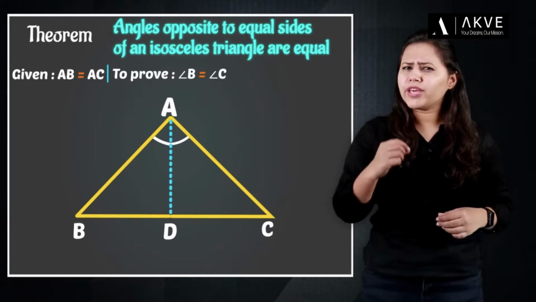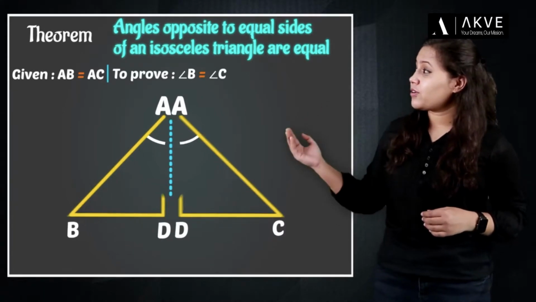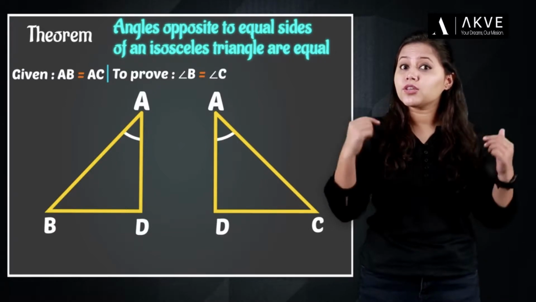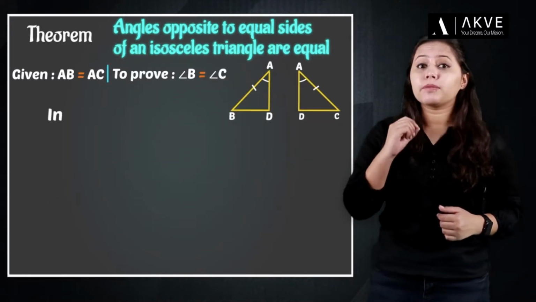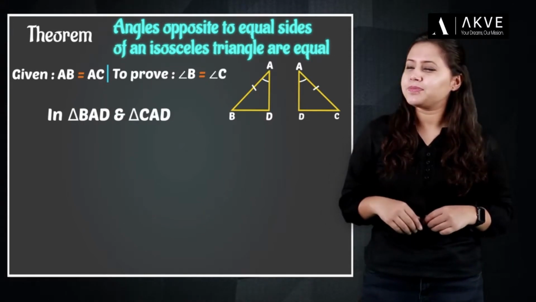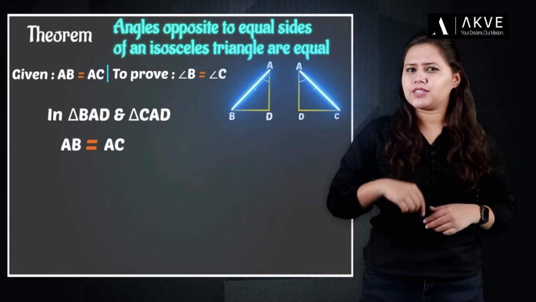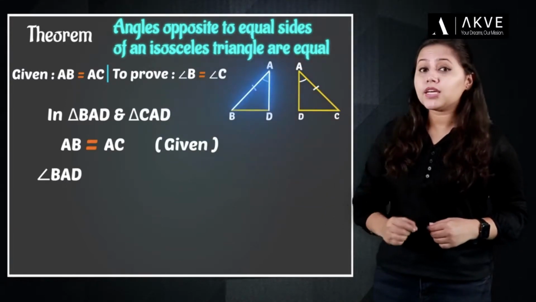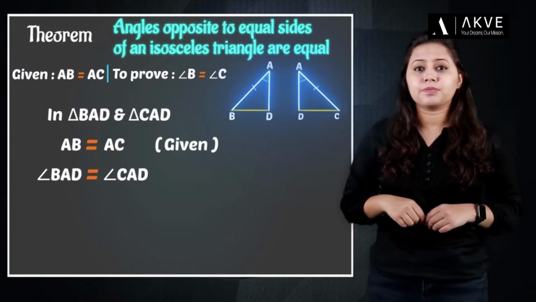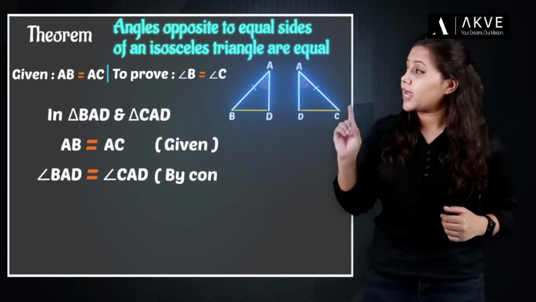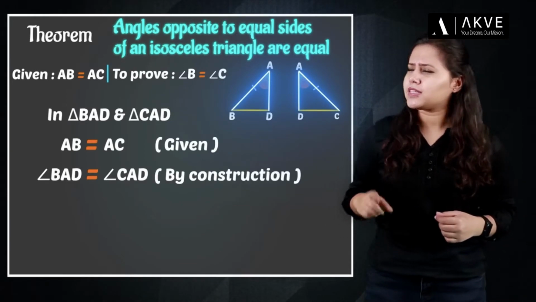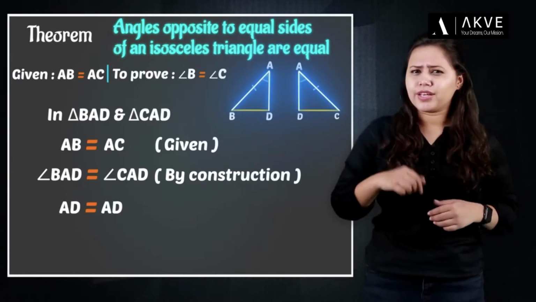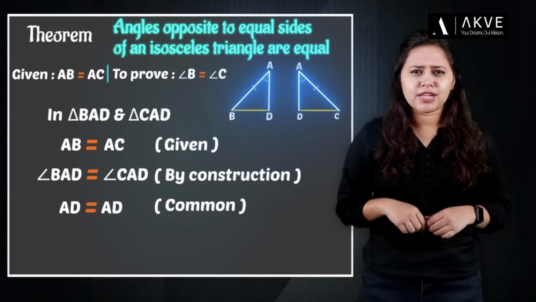So now we have two triangles, triangle BAD and triangle CAD. If you notice, you will see that in triangle BAD and triangle CAD, AB is equal to AC because it was already given. Angle BAD is equal to angle CAD because we constructed AD as the angle bisector of angle A. And AD is equal to AD because it's the common side.